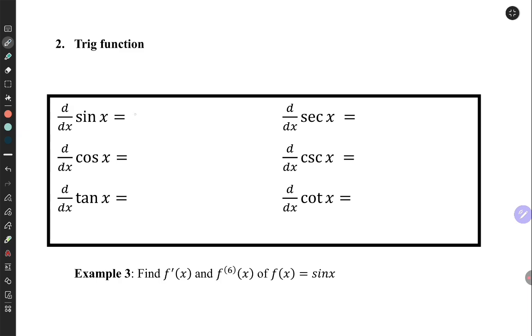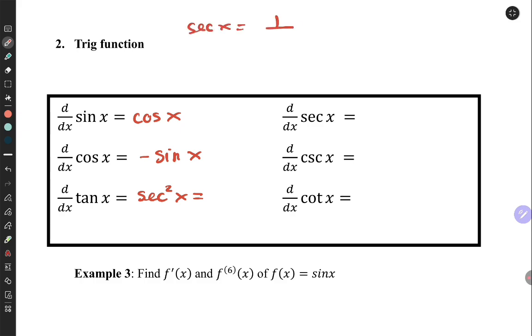Derivative of sine is just cosine of x. They just fluctuate back and forth. Derivative of cosine is negative sine x, correct. Derivative of tangent is secant squared.